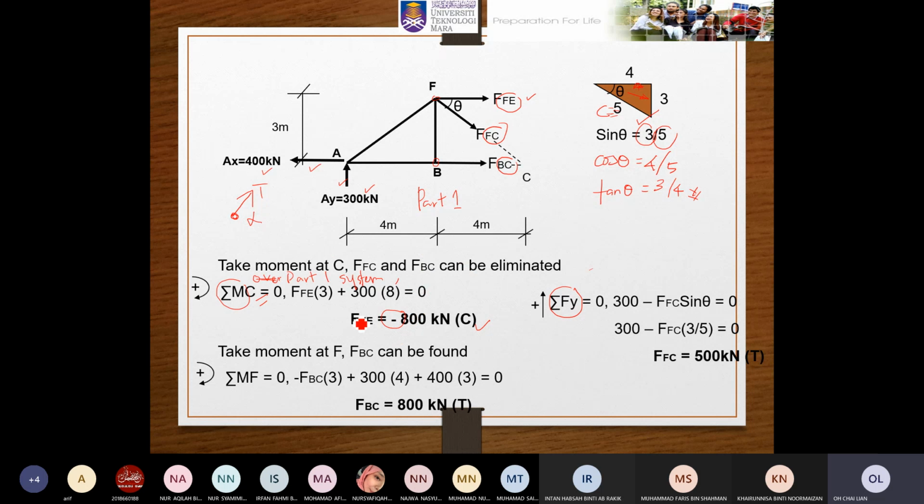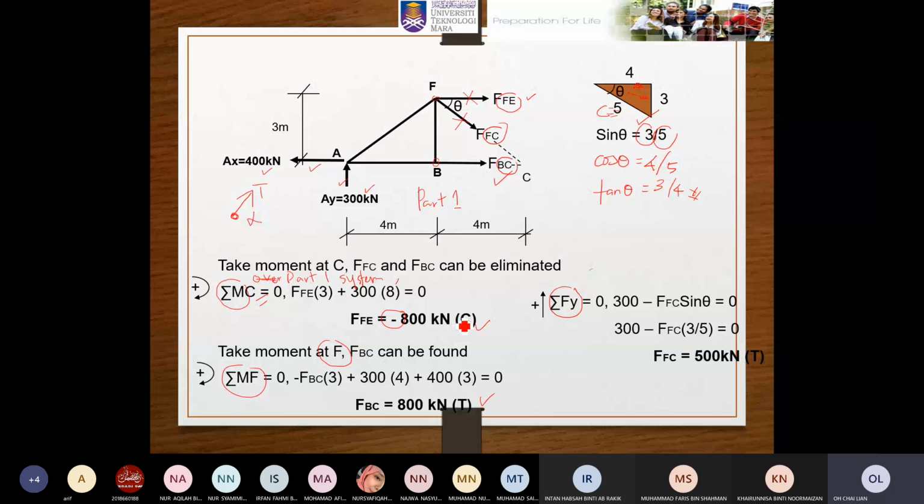Next, it takes moment at F equal to 0. Why does it take moment at F equal to 0? Because it wants to eliminate the unknown FFC, and it doesn't want to calculate FFE. So what remains in this equation will be FBC only. Therefore it can solve FBC directly from summation MF itself.